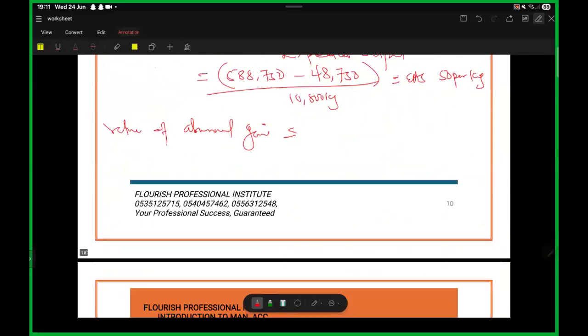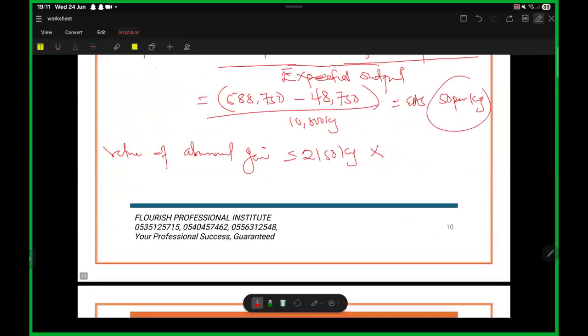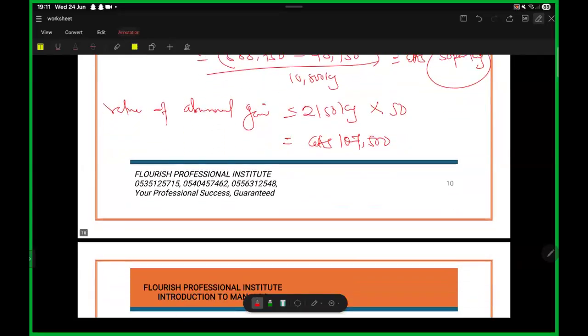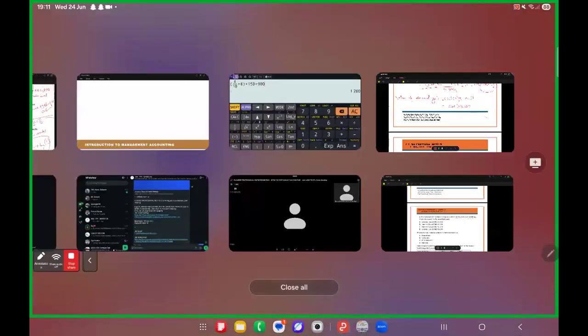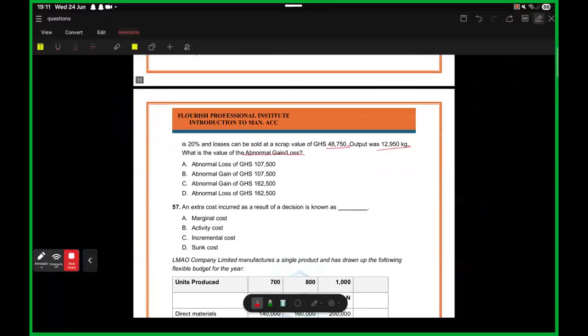So 2,150 kg will be valued at the price we've calculated, 50, which when we do, we should get 107,500. So which will be the option? Let's check. Remember, we don't get abnormal loss, but it's abnormal gain. So the answer is B.